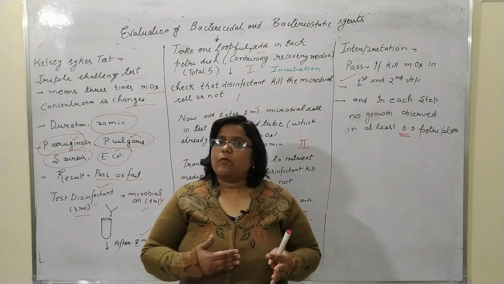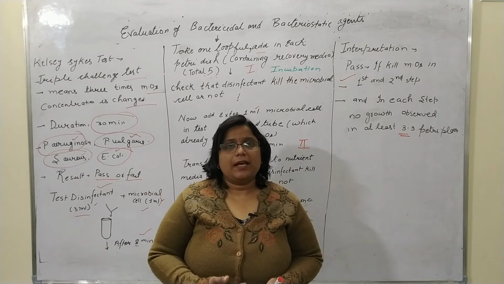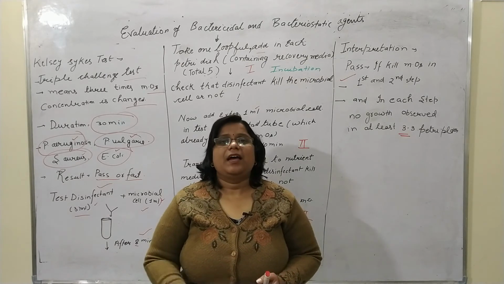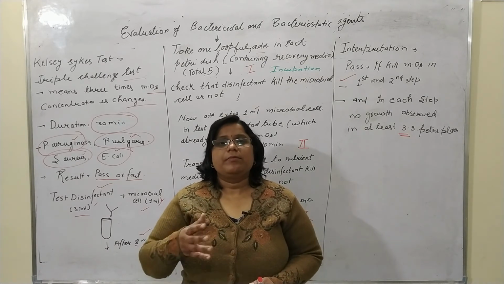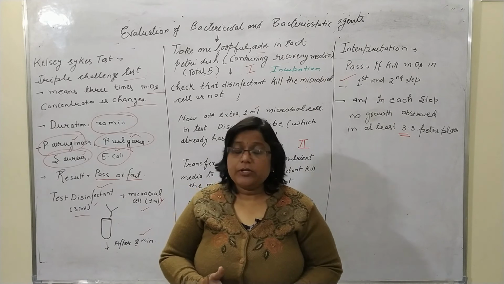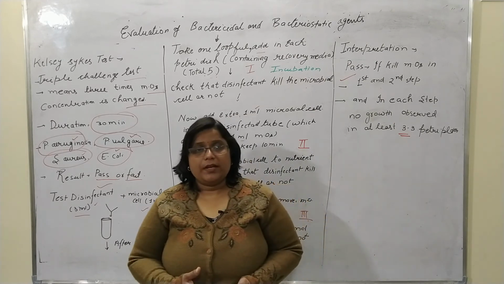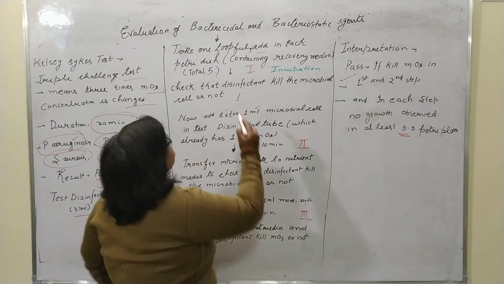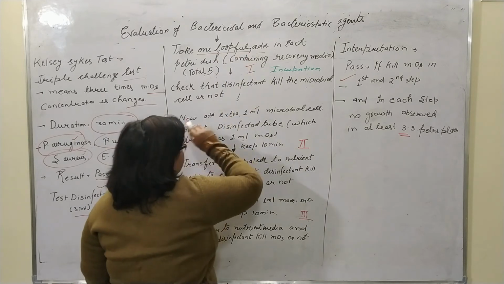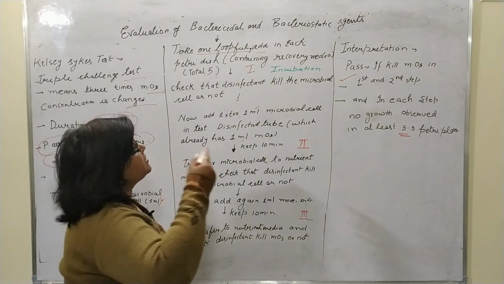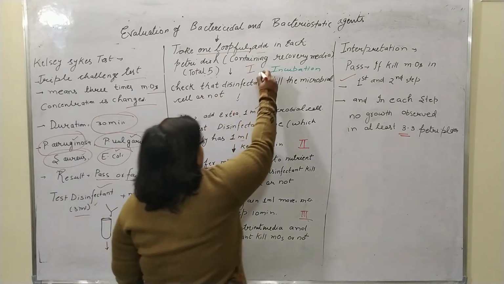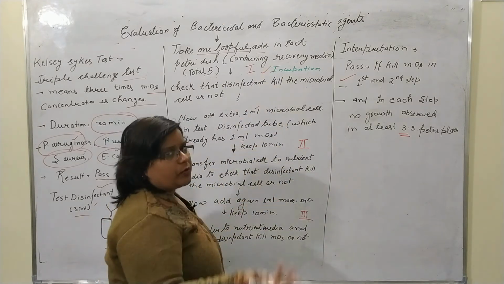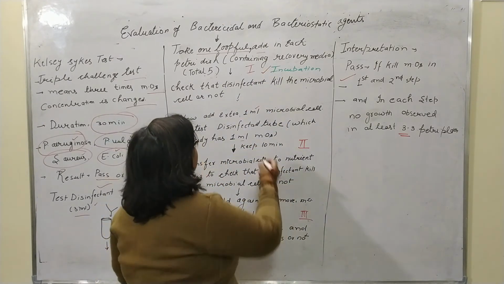These 5 Petri plates are already prepared in the lab under sterile conditions with nutrient agar. After spreading, incubation takes place for 24 to 48 hours and we observe the growth.